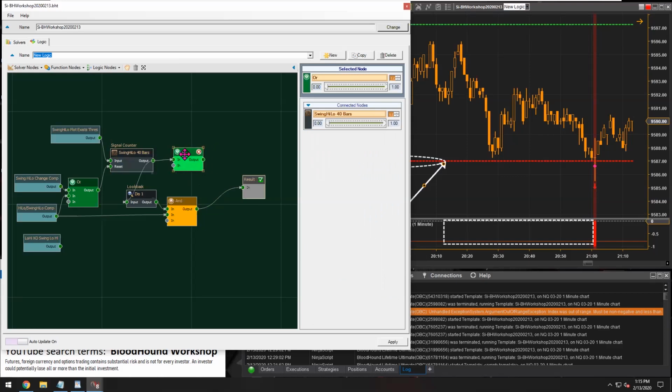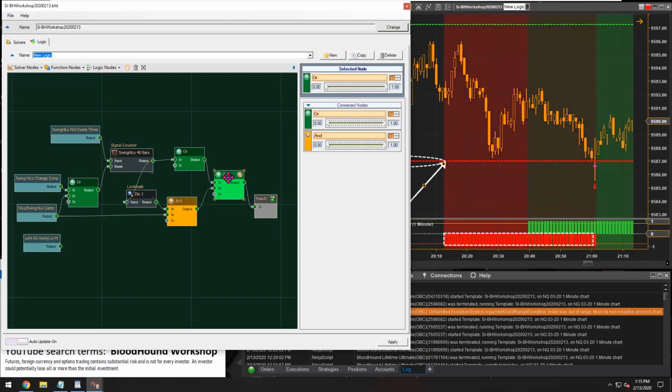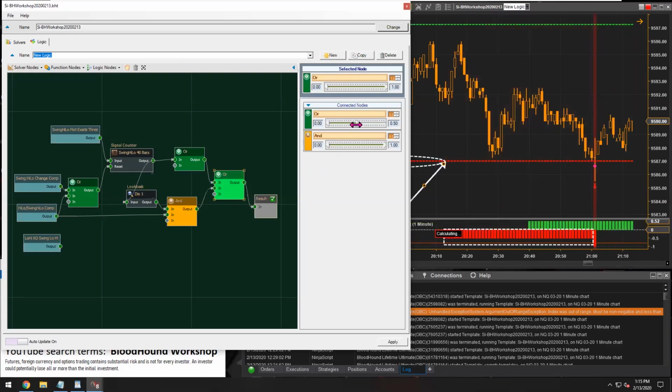I'm going to plug that into an OR node and then grab another OR node.